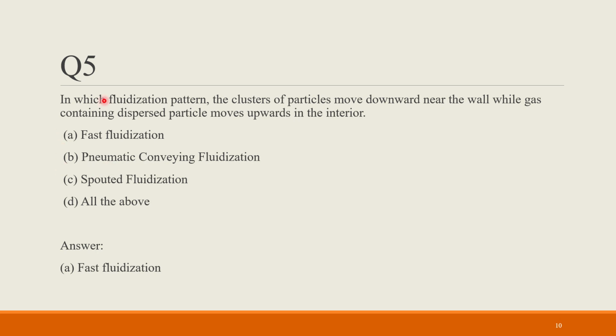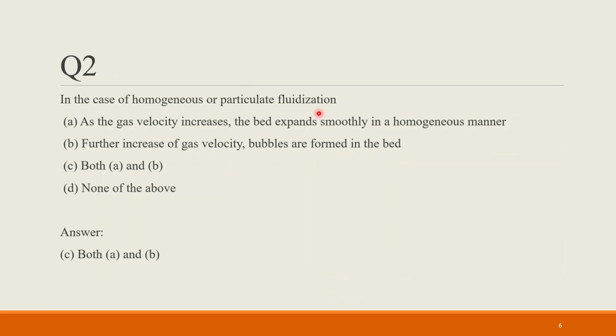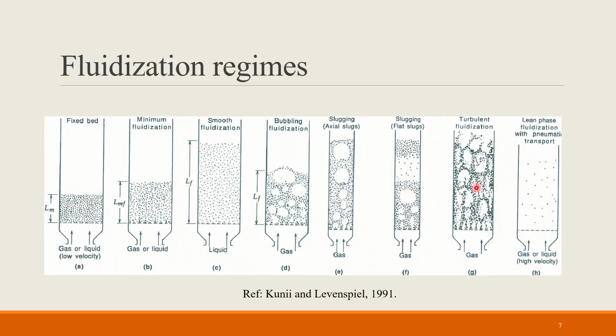What is asked is, in which fluidization the clusters of particles move down near the walls, whereas the gas containing dispersed phase moves up in the interior. So, with turbulent fluidization, what happens is that the gas moves and the particle clusters would be broken down, and the bubbles would also be broken down.